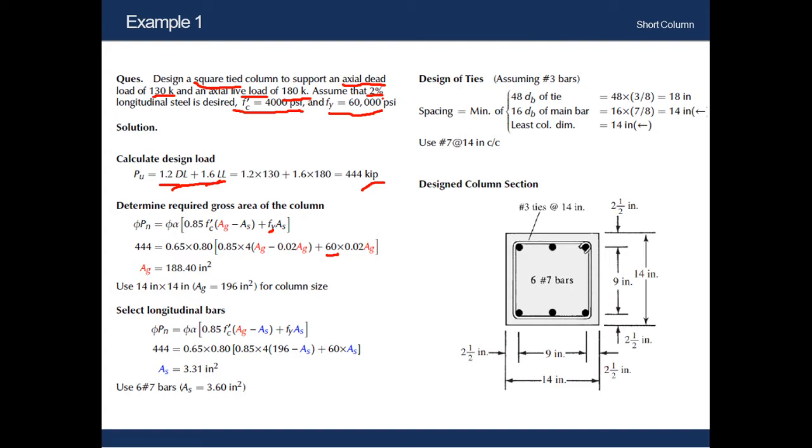Moreover, it's given that the steel ratio is 2%. That means the value of rho g is equal to 2%. 2% means 0.02.